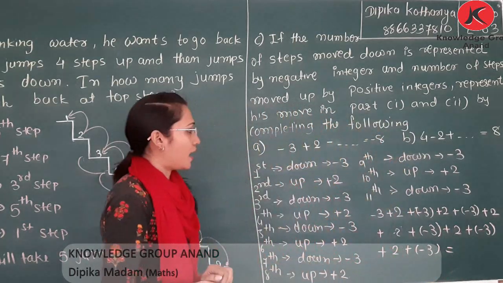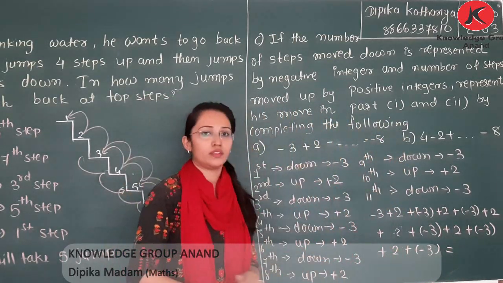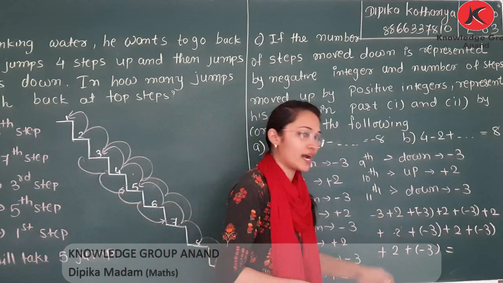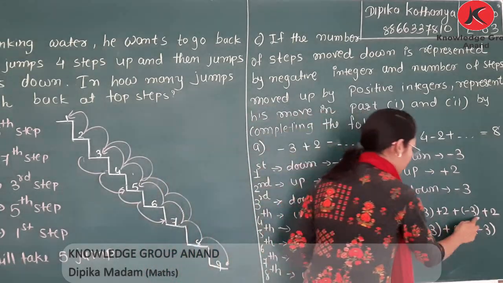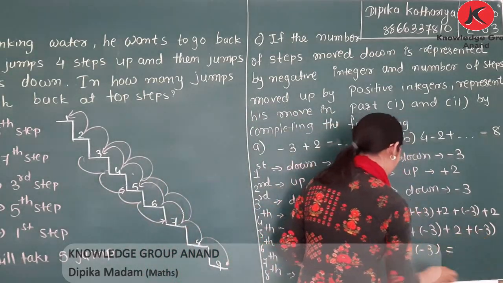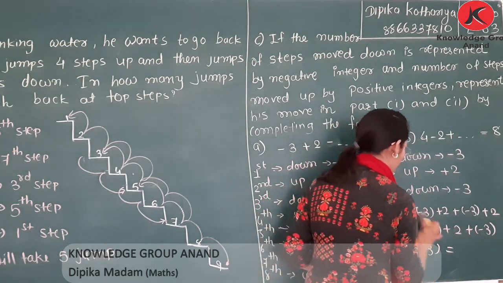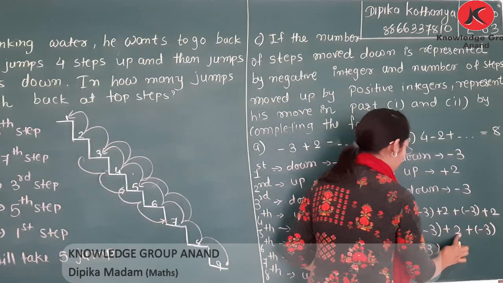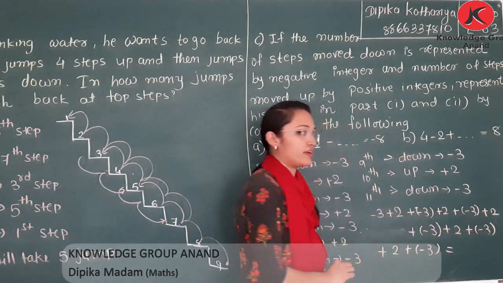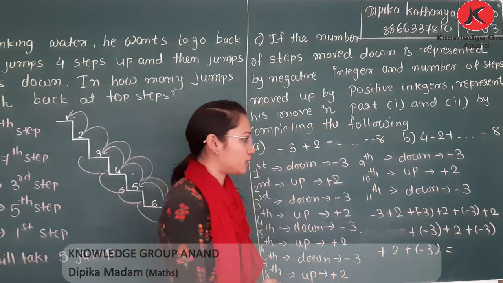Now, I write all this number in the series. How many 3 are here? 1, 2, 3, 4, 5, 6, 7, 8, 9, 10 and 11. I represent all this number into the series.